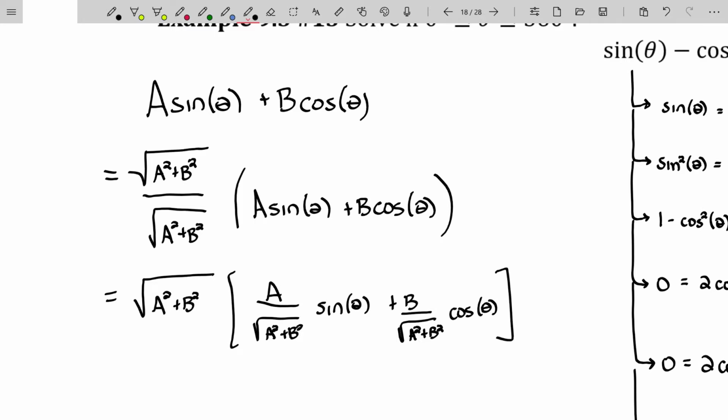Now, obviously, if you've already done this style of problem, you don't go through all this. It's very fast, actually.